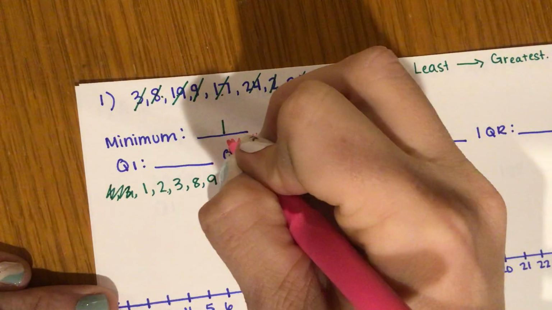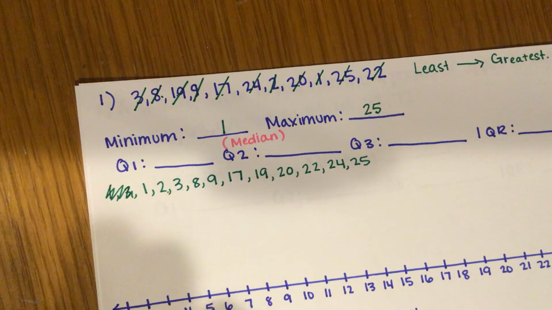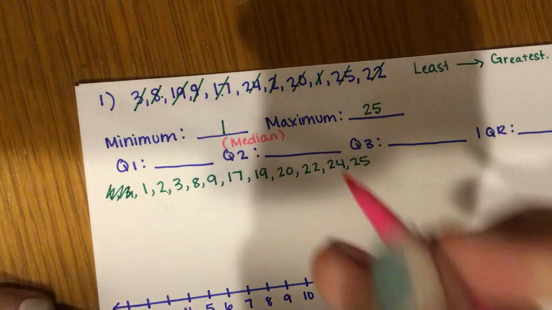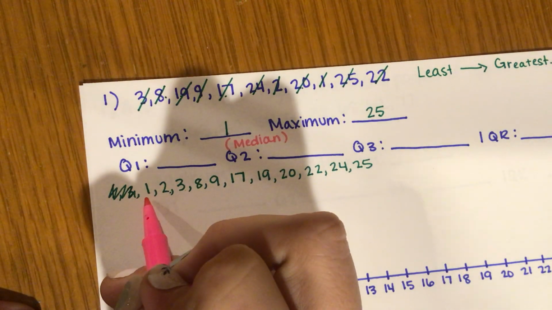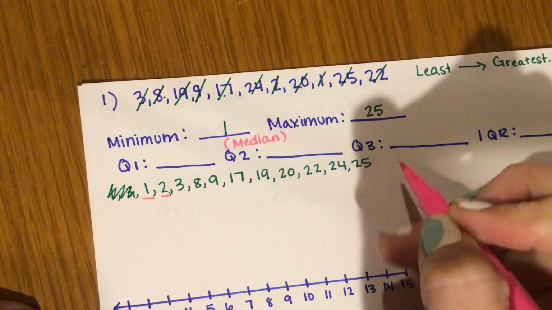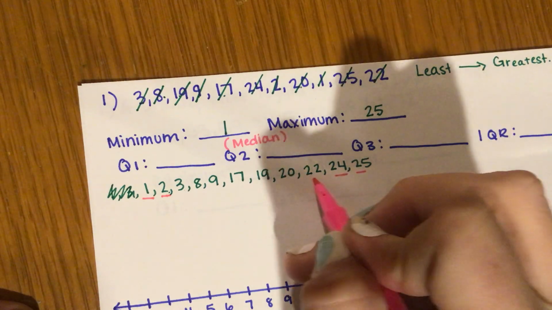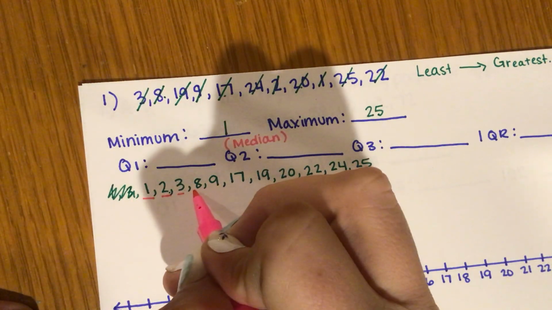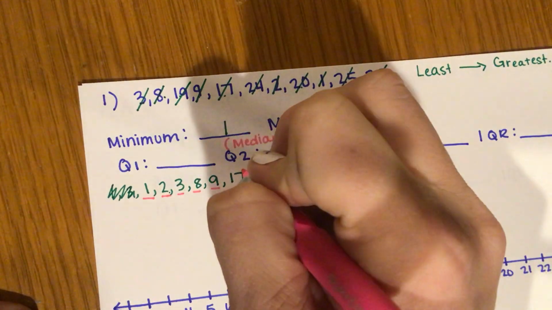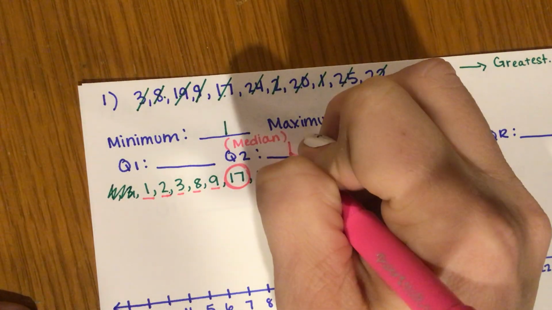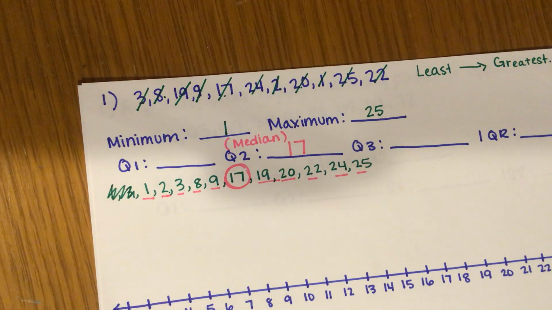They are the same thing. So I have to find that middle number. I'm going to go from either end of my data. I'm going to cross off 1 here, 1 here, and keep going. 17 is my median.